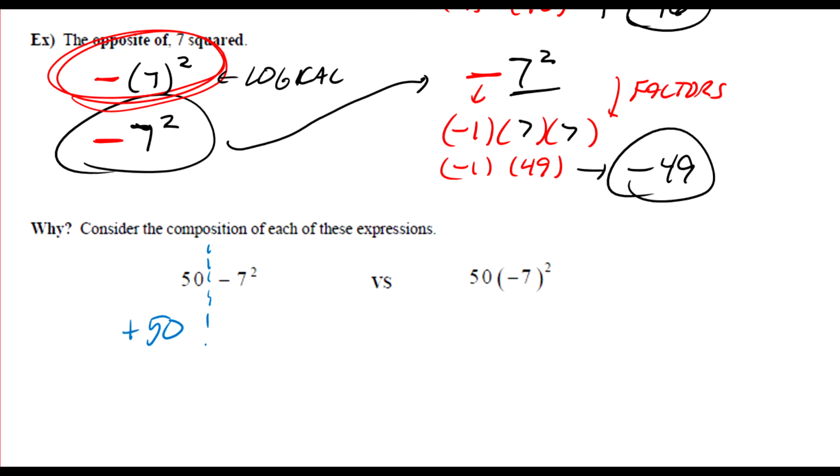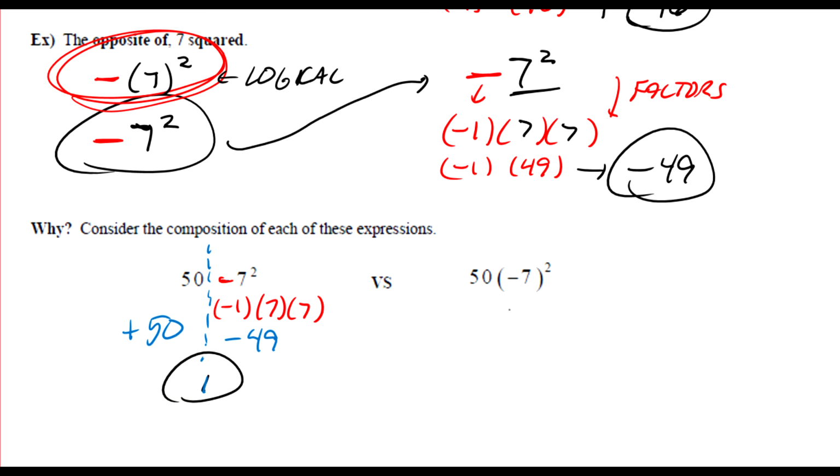The second term has factors of negative 1, 7 times 7. So again, this negative sign is outside of the power of 2. I have to remember that. So this term value is negative 49. When I find the value of this expression, I want to combine the term values. I get positive 1 for an answer.